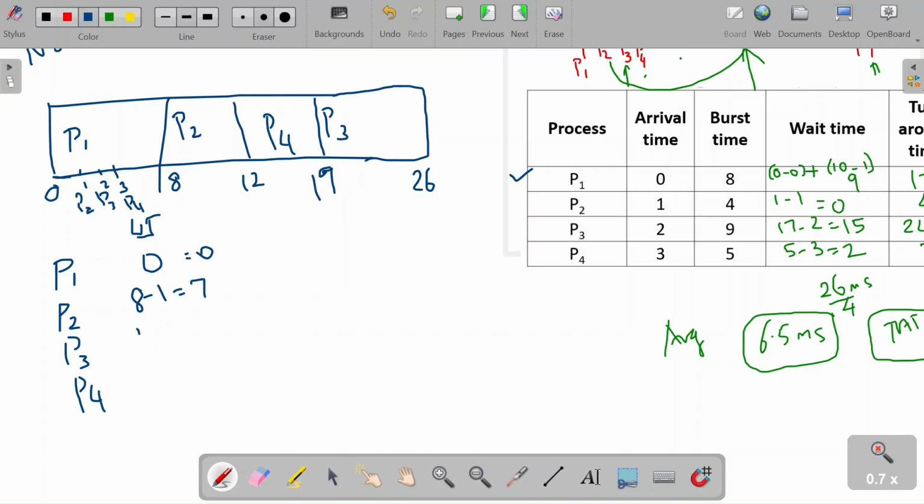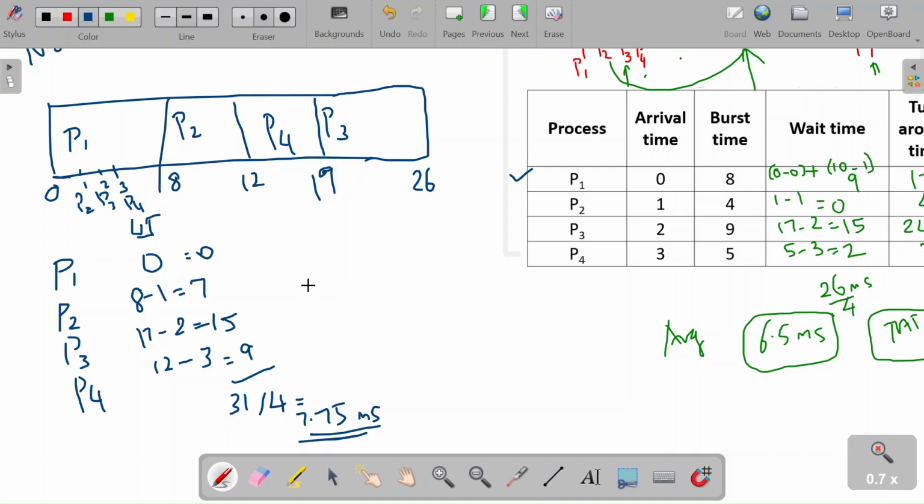P3 starts at 17 and arrives at time 2, so it is 15. What about P4? P4 starts at 12 but arrives at 3, so it is 9. So the total wait time will be 31. When you take 31 divided by 4, the average wait time is 7.75 milliseconds.